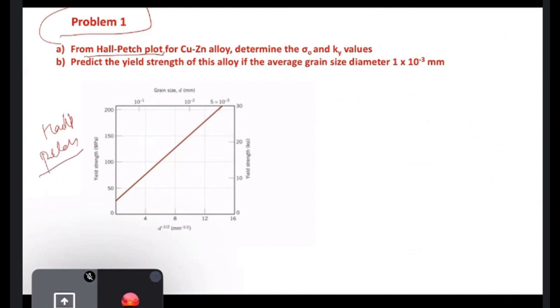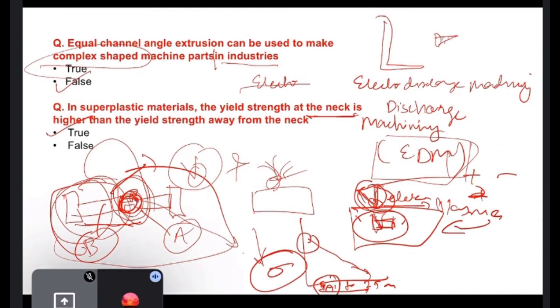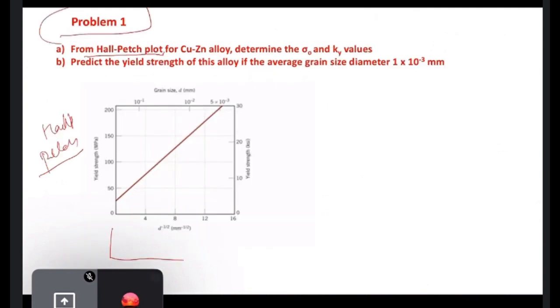But just now I told you the Hall-Petch effect is this, and I am saying it like this. Why am I talking about two different things? I told you from 5 nanometer to 25 nanometer yield strength is decreasing. Here it is saying that moving from 4 to 16 millimeter, the yield strength is increasing.